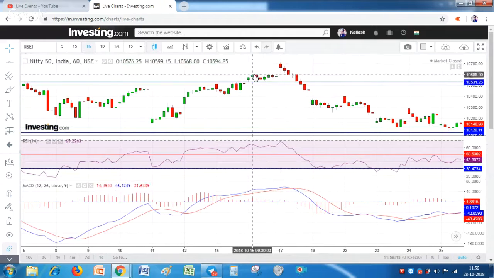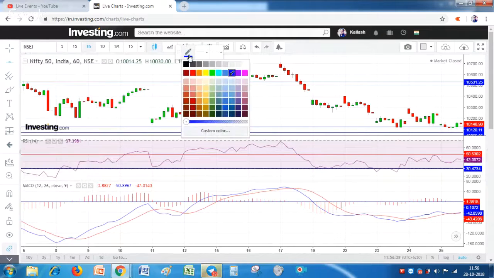And you can see there is an accumulation phase of approximately 7 to 8 hours, where the stock remained. So this is a very good level to keep a stop loss. The stop loss comes to be 10,600. Let me mark this level. This is our positional stop loss.